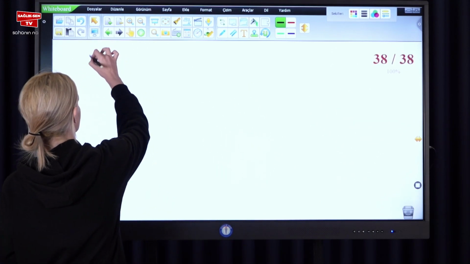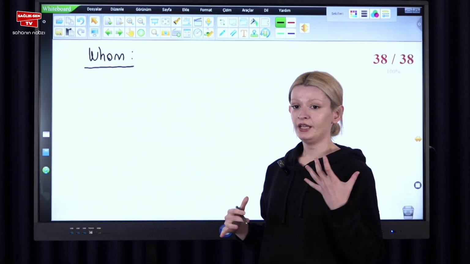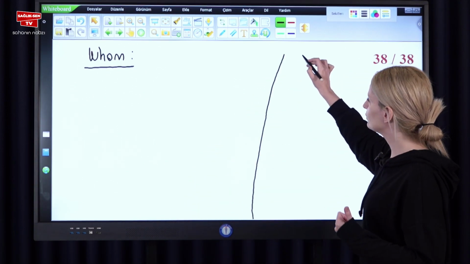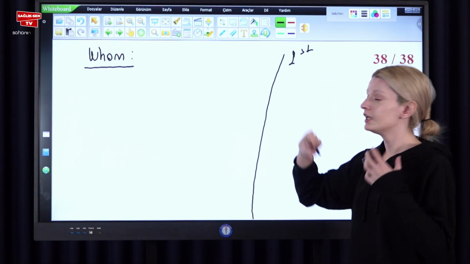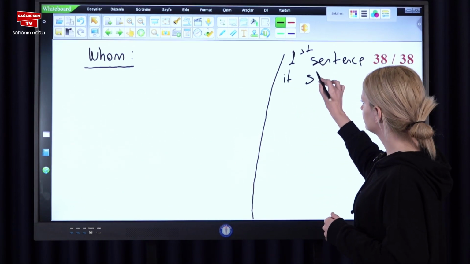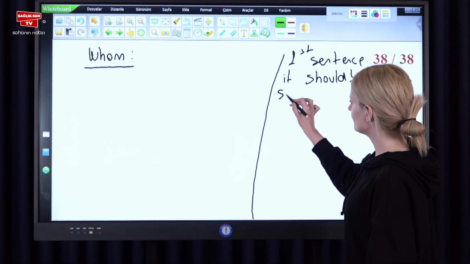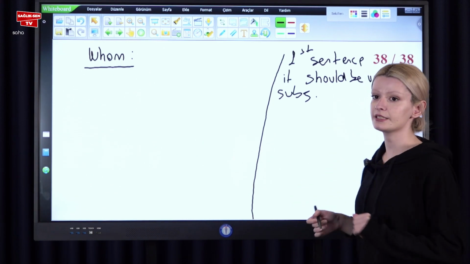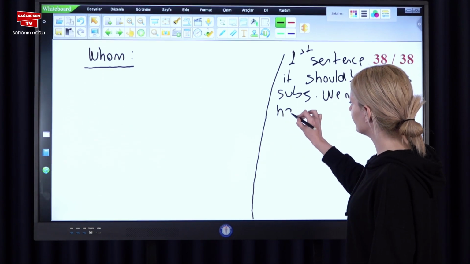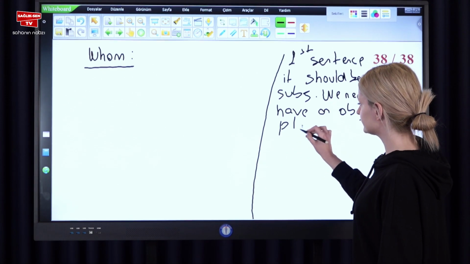Let's talk about whom. When we are using relative pronoun whom, again, in the first sentence, it should be used as subject. And in the second one, we need to have an object placement.